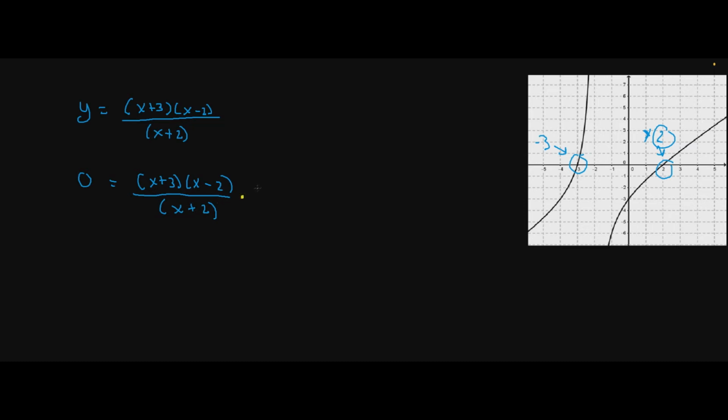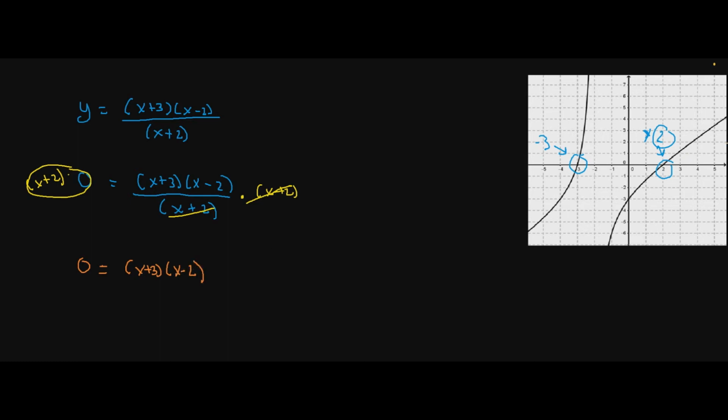We multiply x plus 2 to both sides, and you'll notice x plus 2 and x plus 2 here are going to cancel out, and x plus 2 times 0 is still going to be 0. Anything times 0 is 0, so we get 0 equals x plus 3 times x minus 2.